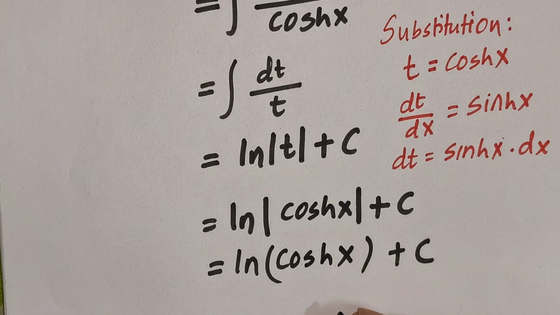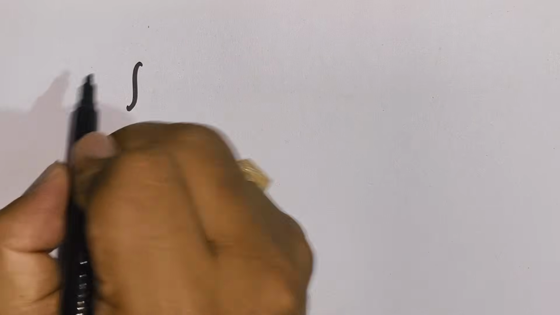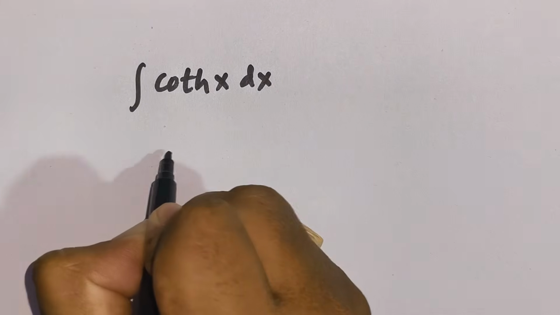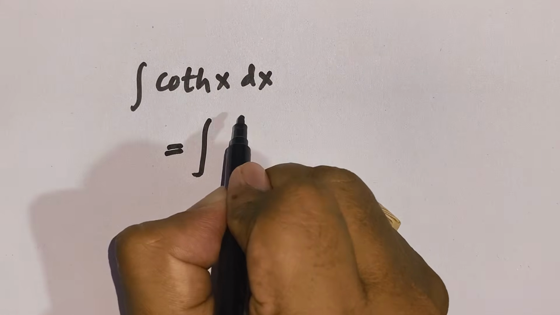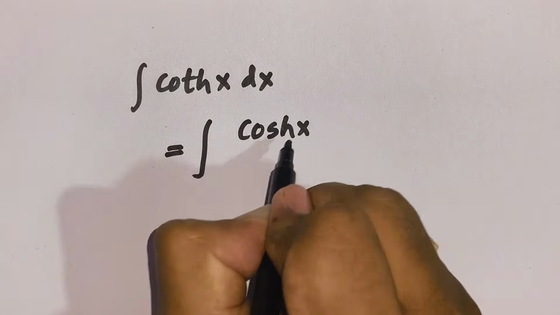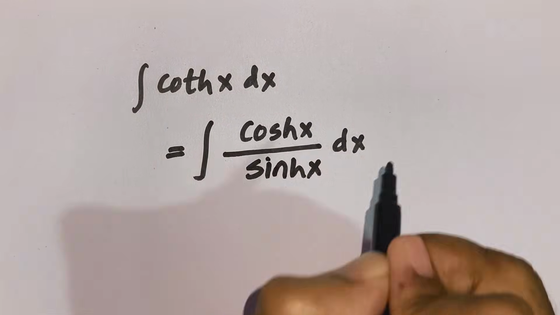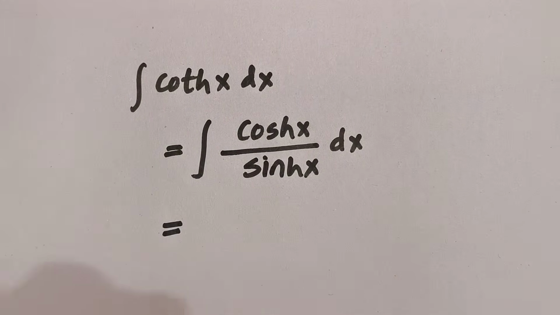And similarly, let's find the integration of hyperbolic cotangent. Here also, what is hyperbolic cotangent? It is hyperbolic cosine over hyperbolic sine. We will do it directly.